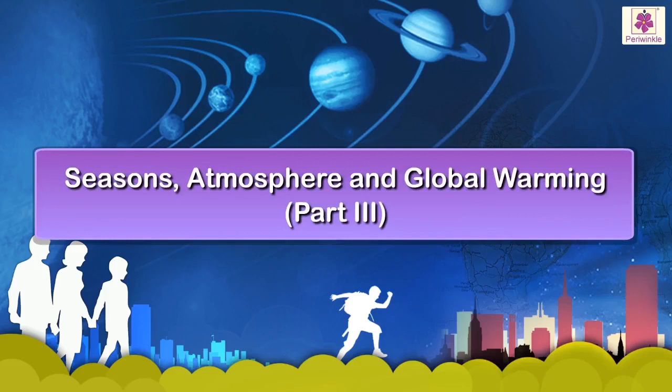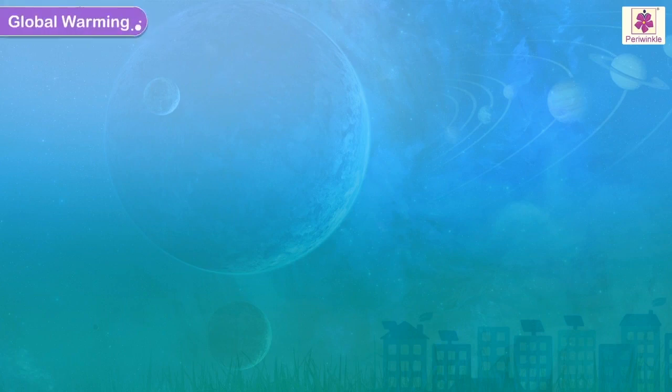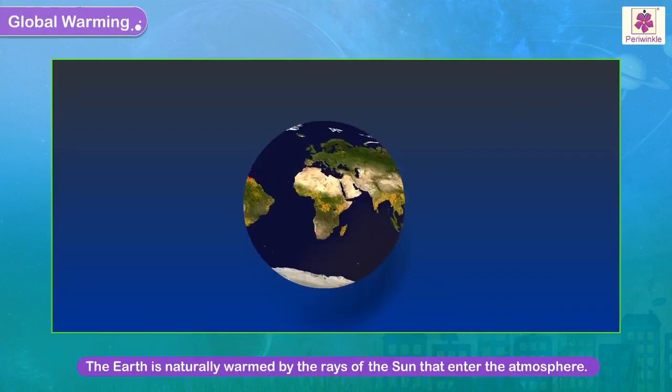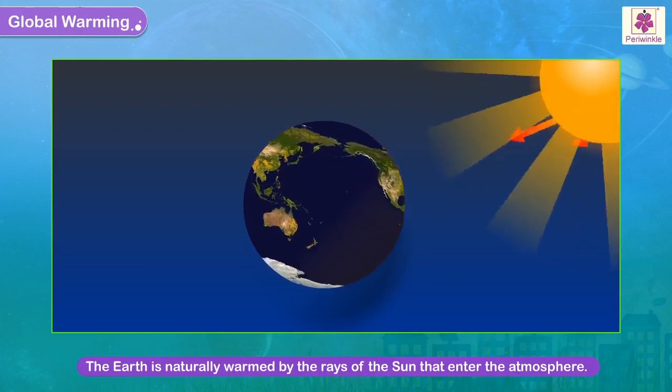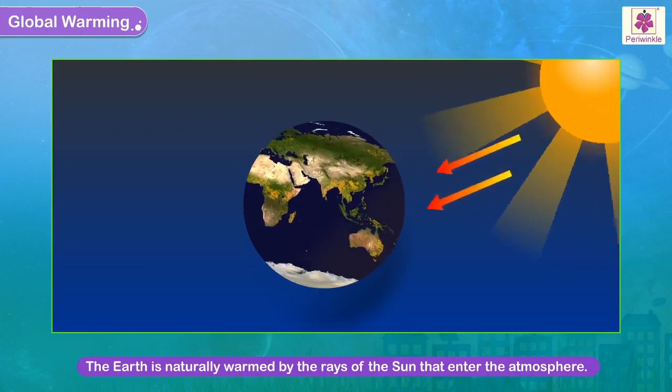Seasons, atmosphere, and global warming. Global warming. The earth is naturally warmed by the rays of the sun that enter the atmosphere.